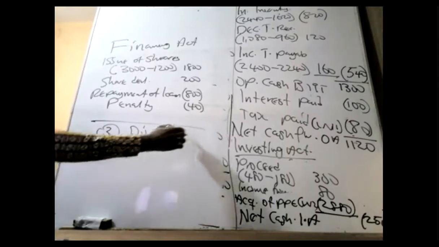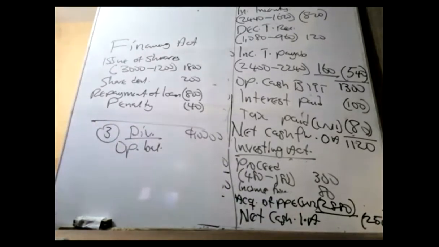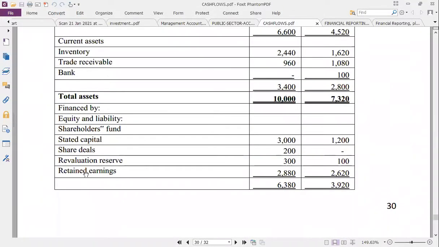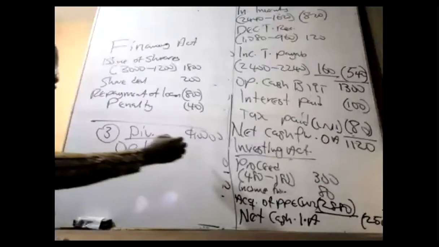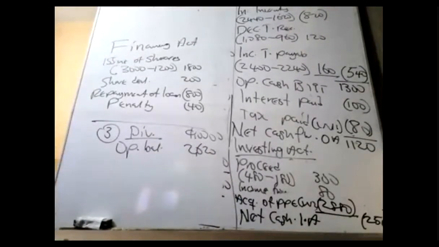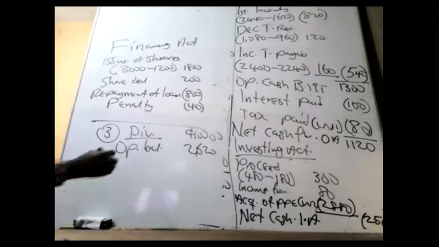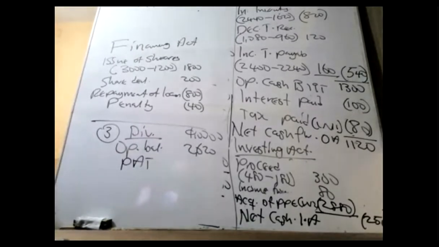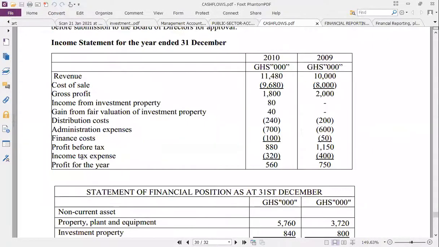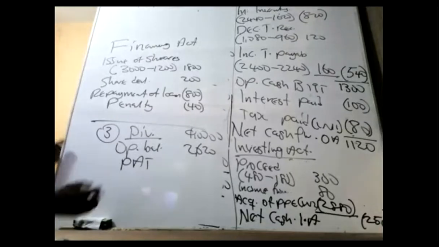Opening balance of retained earnings is 2,620. Then profit after tax, that's the profit for the year. Profit for the year is 560. When it comes to dividend paid, we follow the same approach.